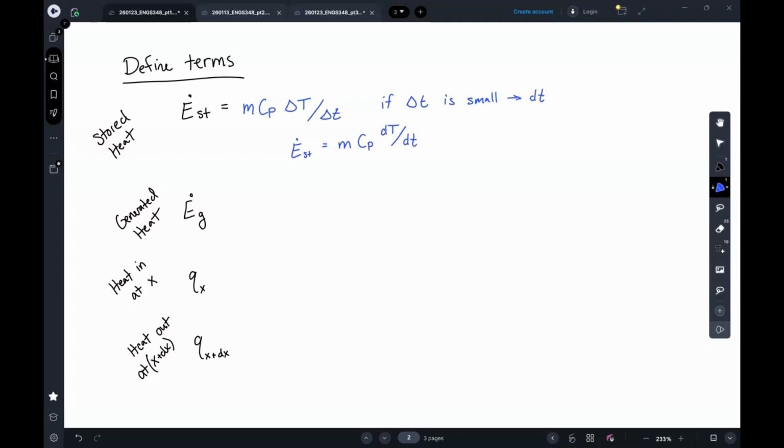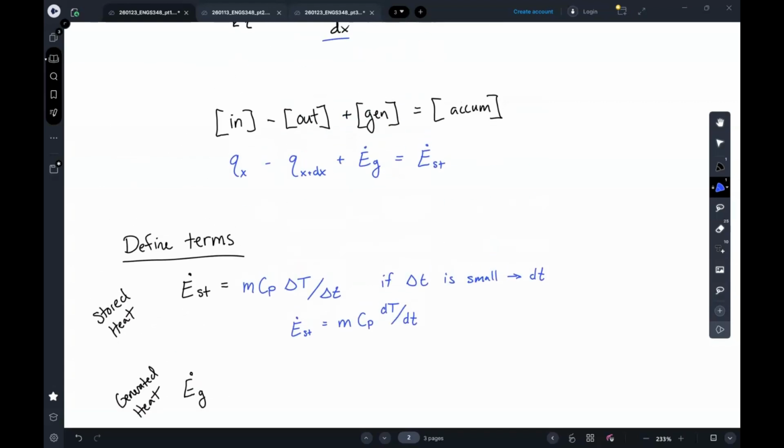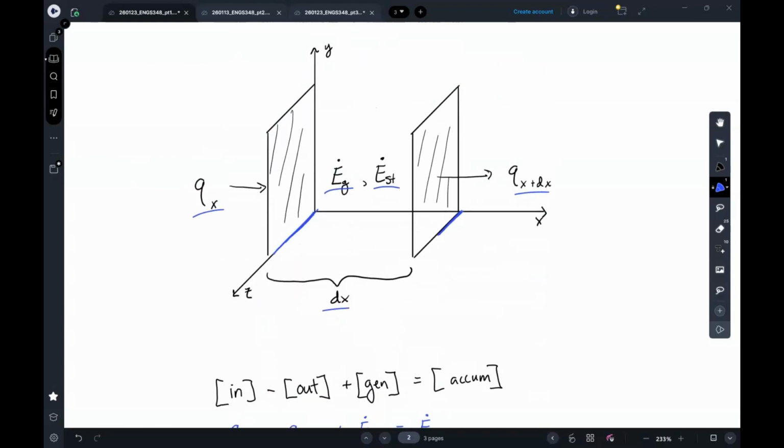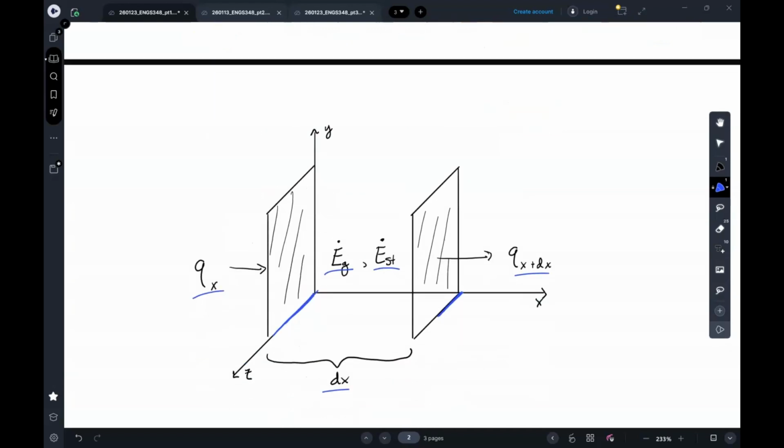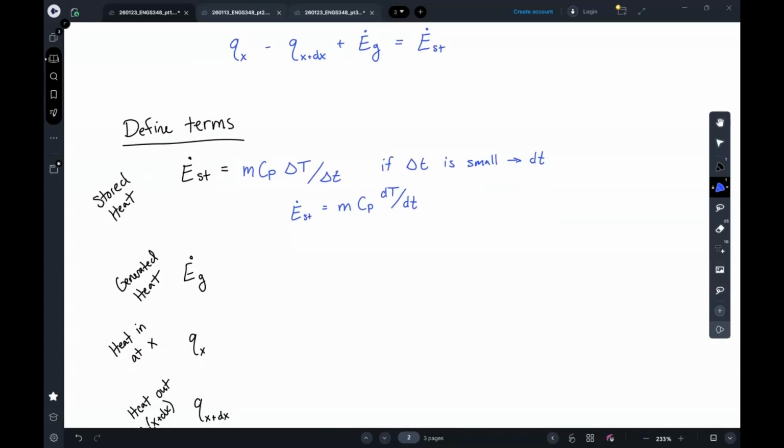We can break this apart a little bit further because we can look at our object and we can say what the mass is of this object based on its size and its density. So mass is density times volume. If we go back up here, the volume of our object is dx times dy times dz, and the density is the density. We'll use the variable rho.